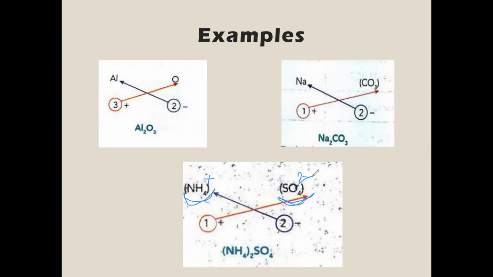Okay? So we will give the number of an ion to the other one, and this is the final formula, (NH4)2SO4. Sulfate ion needs 2 ammonium ions to form a compound.